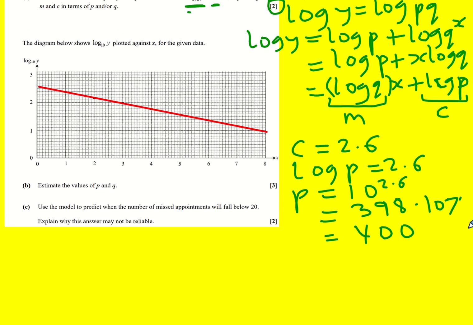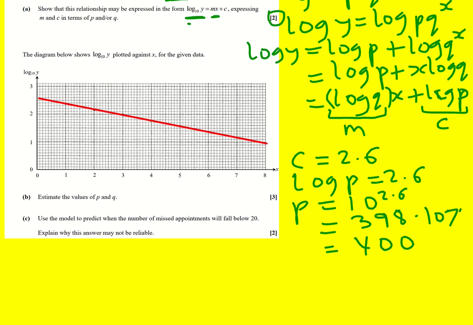Okay, let's now find the gradients. So I'm going to start from, where should I start from? Let's go from the intercept and let's go all the way down to the bottom. That is good practice actually, to use the whole graph if you can.